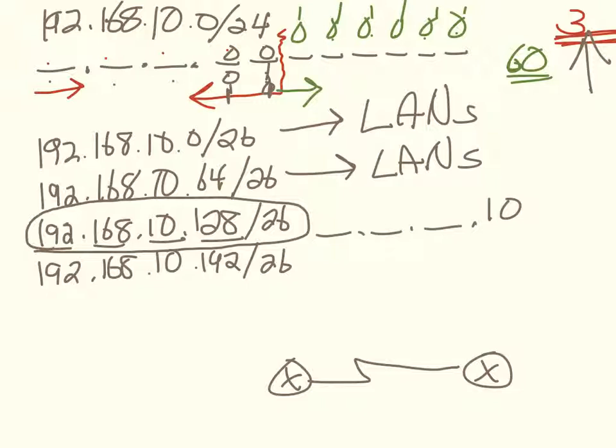So our network for that one currently is this. So we still have 1, 2, 3, 4, 5 bits to work with. We can take this network and subnet it again. And we can borrow, in this case, 3 bits.